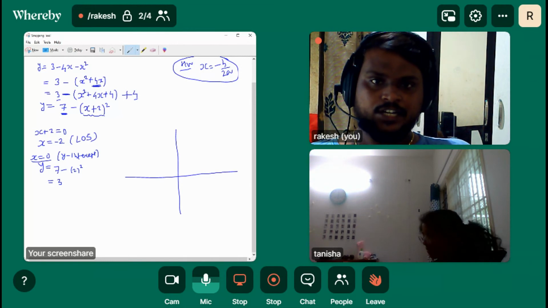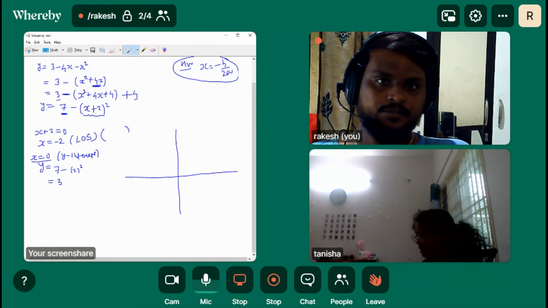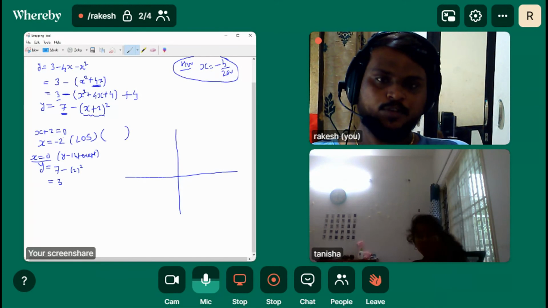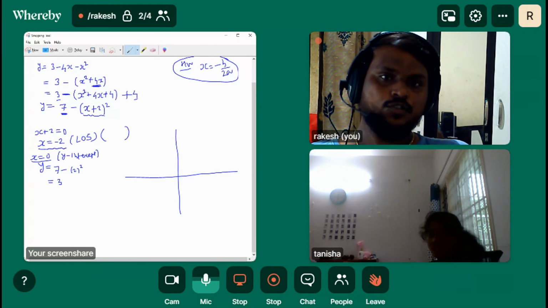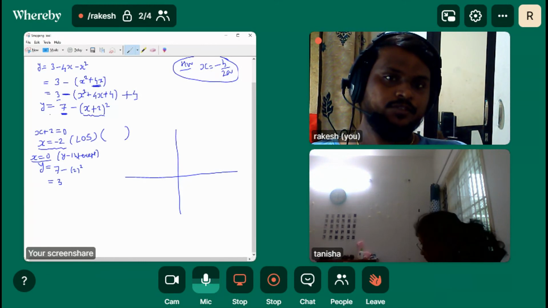Meanwhile, you just find out whether this point is maximum or minimum. For x is equal to -2, what is the y coordinate?